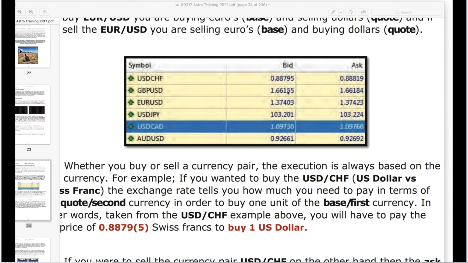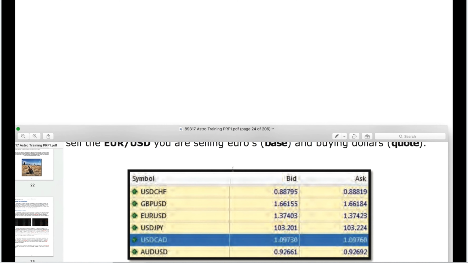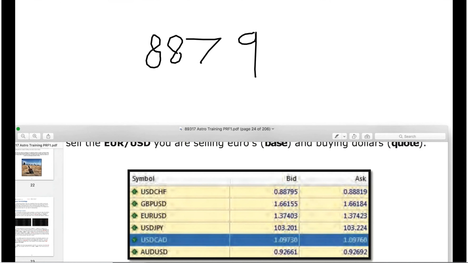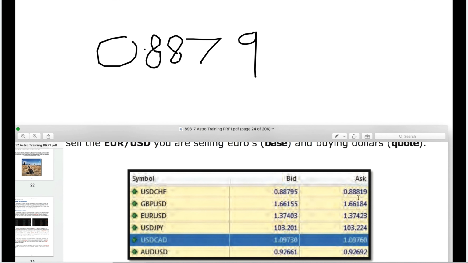So USD Swiss franc, let's do this one together. The bid is 8879. What is that? That's 0.8879. And the ask is 0.8881.